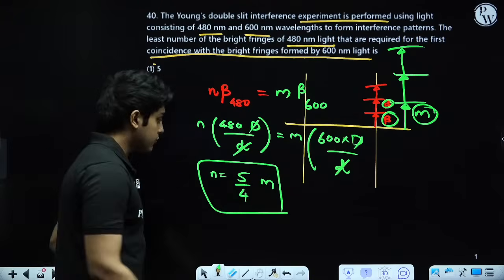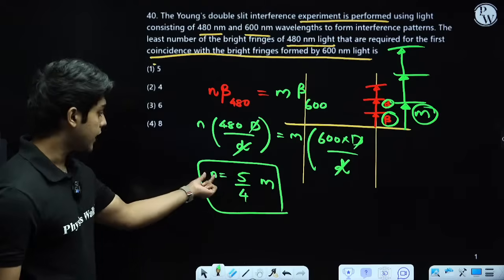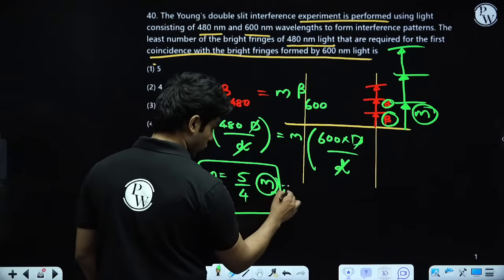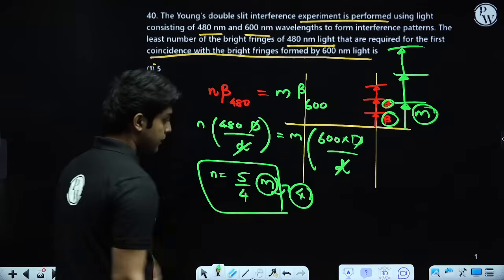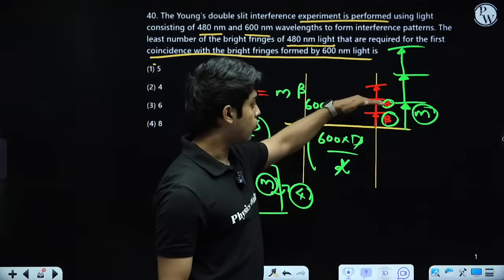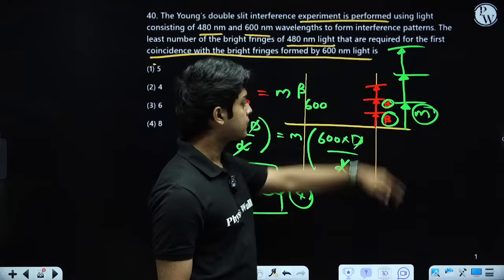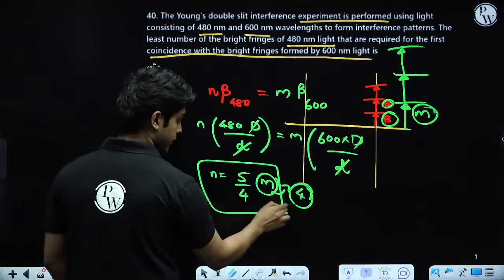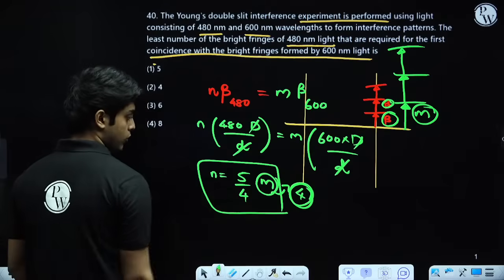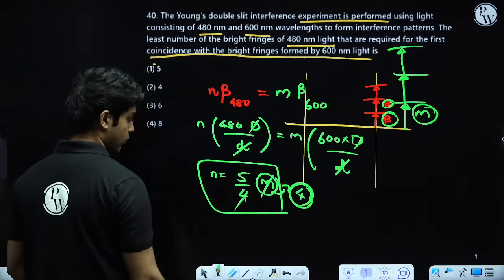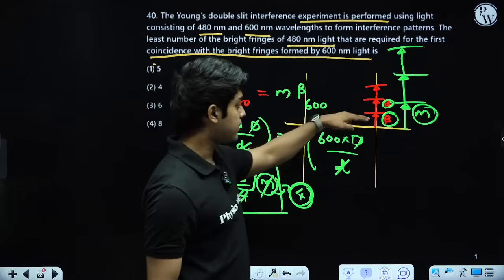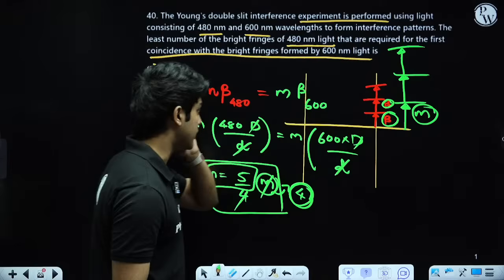So when is the n value minimum? If I put m equal to 4, which means the fourth bright fringe of the green line, the 600 nanometer one, then 4 cancels out with 4 and we get n equal to 5, which means the fifth bright fringe of the 480 nanometer line.